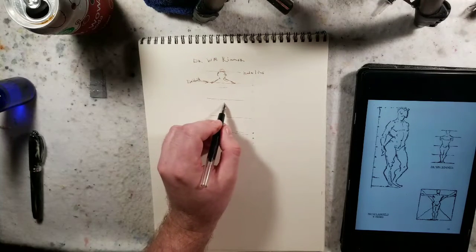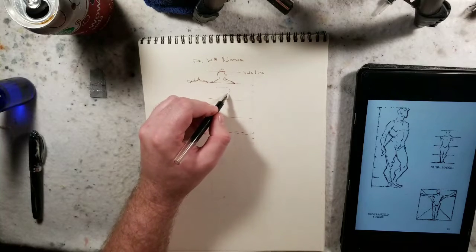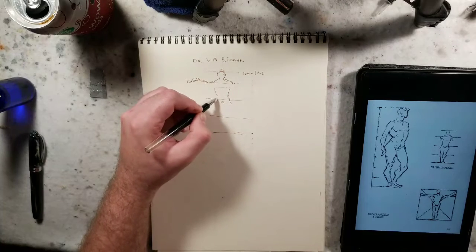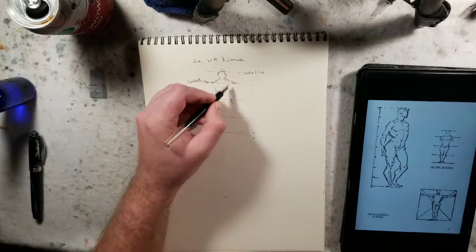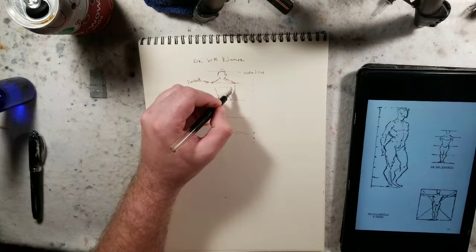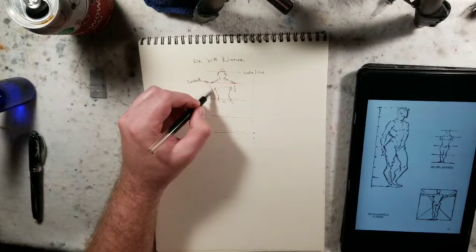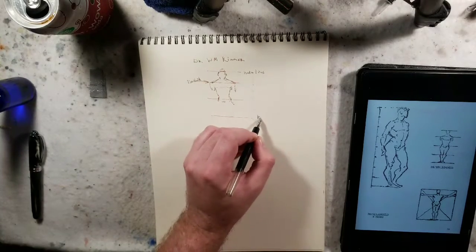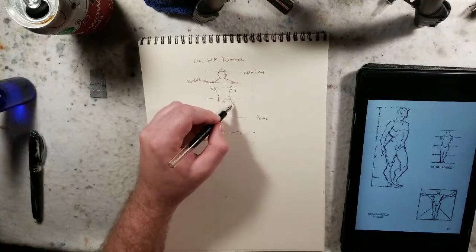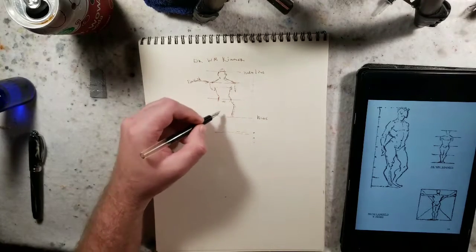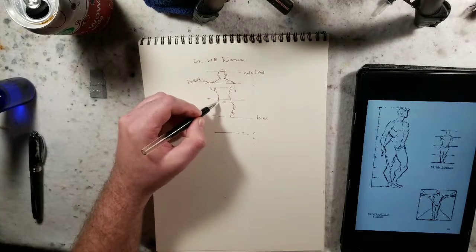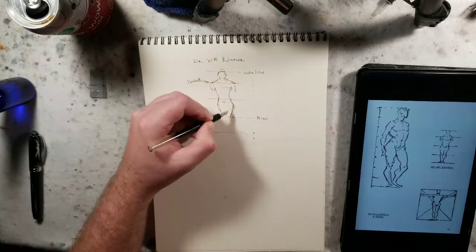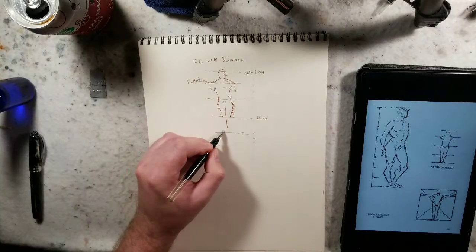We come to that V taper in the body that bodybuilders try to get. The arms come down. Knee. And the foot.